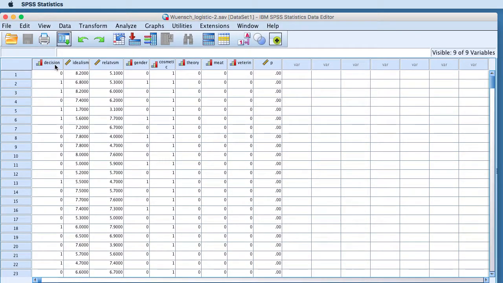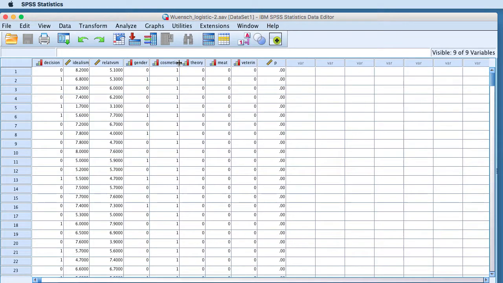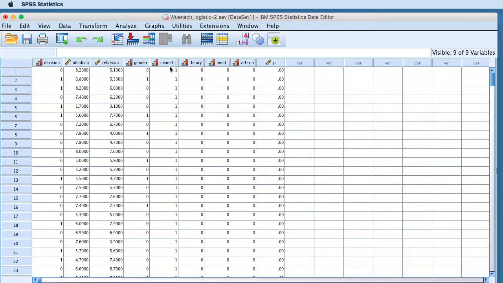is set up so that the decision is coded as 0 to stop the research, 1 to continue the research. Then we have the idealism and the relativism scores, and then we have the characteristics of gender, and then we have the conditions under which students were told that the cats were being used for in terms of the research.